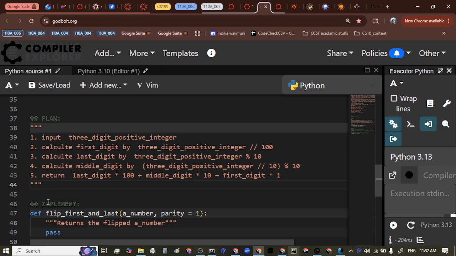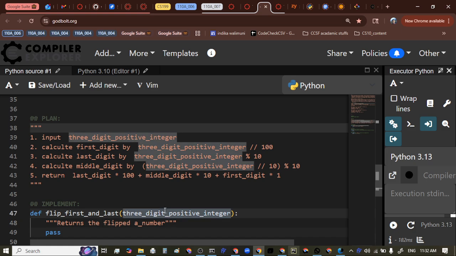So let's do that just now. I'm going to remove this, we're going to come back to that later. I'm going to replace this with this because this is my input. So this is the translation of the first line to code. See that I'm inputting this parameter to my function.